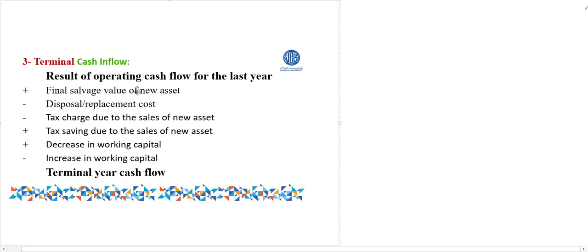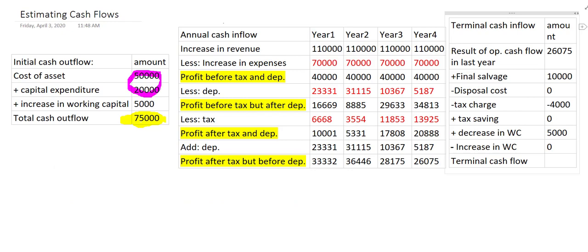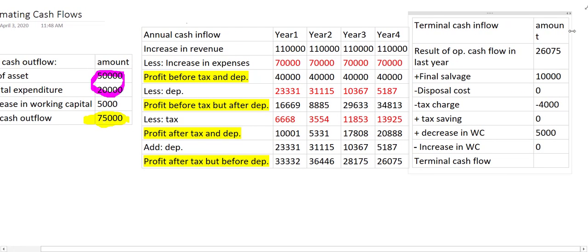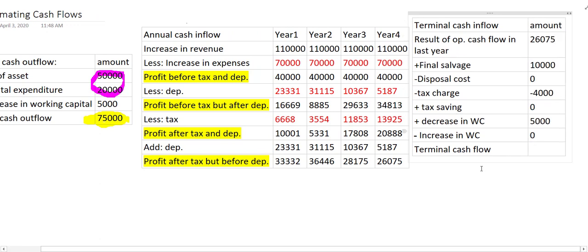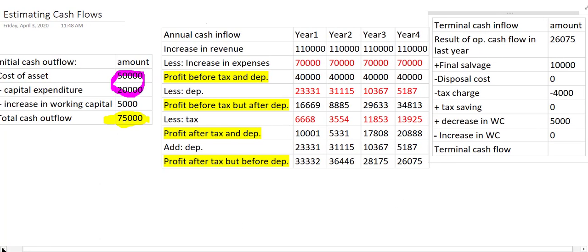After that, we have to go for the following adjustment. So we have to adjust it, right? Now you can make the adjustment for this one. Okay, fine. Mention it: 26,075 plus 10,000 minus 4,000 and plus 5,000. Mention the result here. Now let me check out the result.